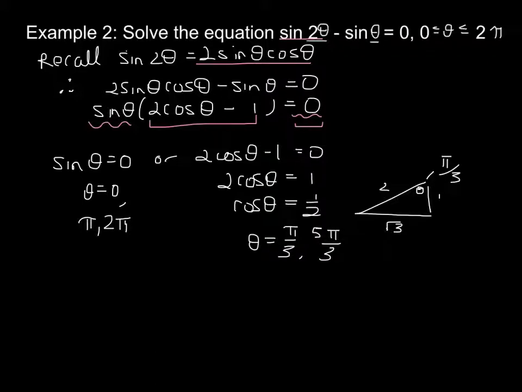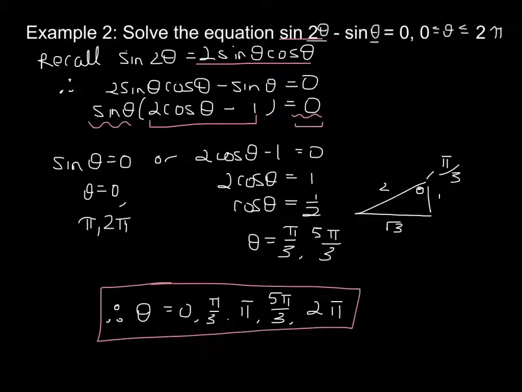So there are actually 5 answers in the end. Therefore, theta equals 0, pi over 3, pi, 5 pi over 3, or 2 pi. All of these things will satisfy the equation. And again, we can always check by plugging it back into the original equation.